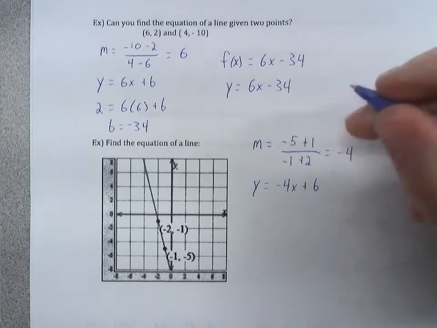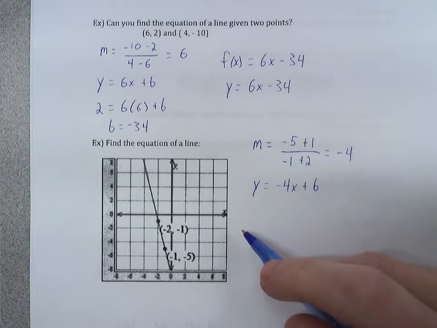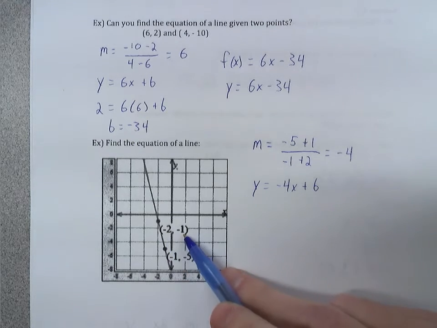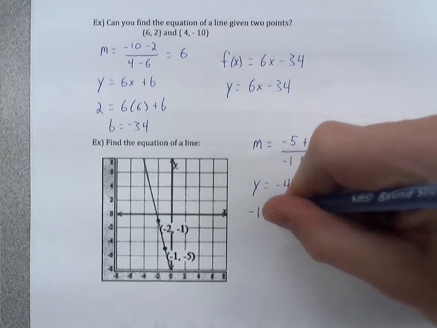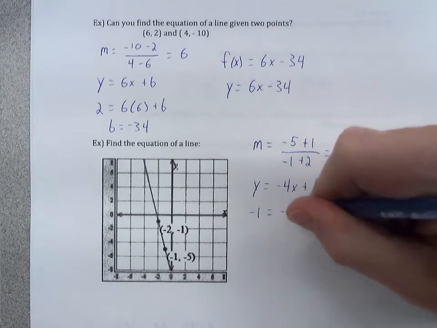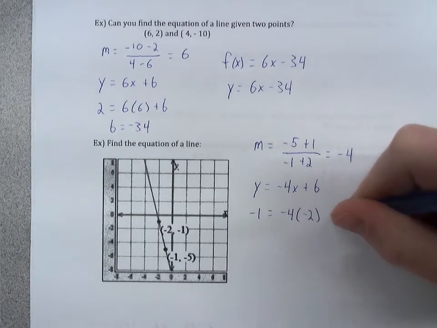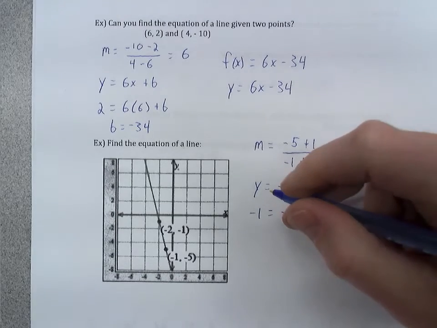And now I can put in a couple of these values. I'm going to use this first one where x is negative 2, y is negative 1. So for y, I'm going to put in negative 1, and that is equal to negative 4 times negative 2 plus b. Okay? And then I'm going to solve for b.